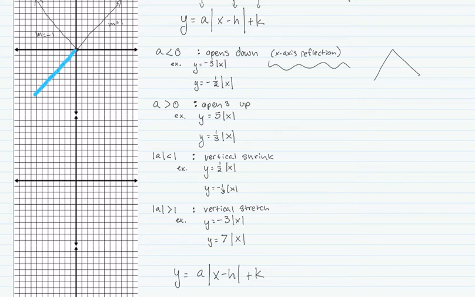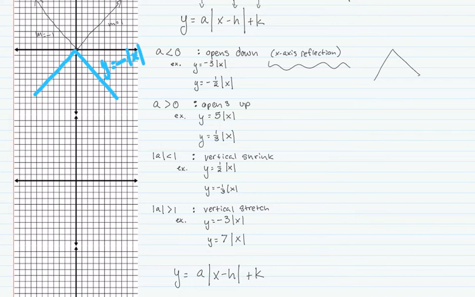This is just your simple x-axis reflection of y equals negative, or the opposite of the absolute value of x. So when a is -1, then it just simply turns over and flips over our x-axis.